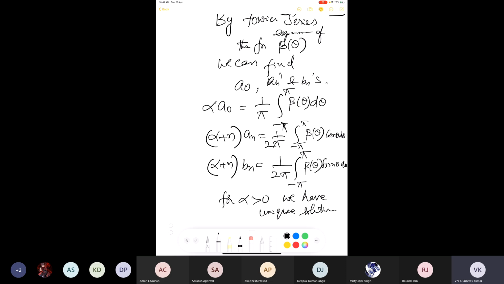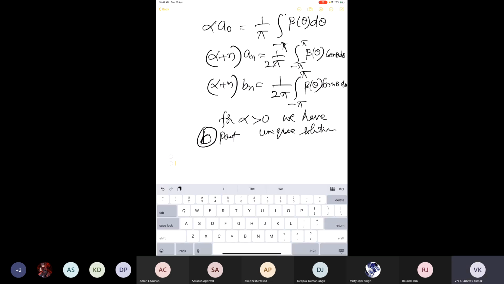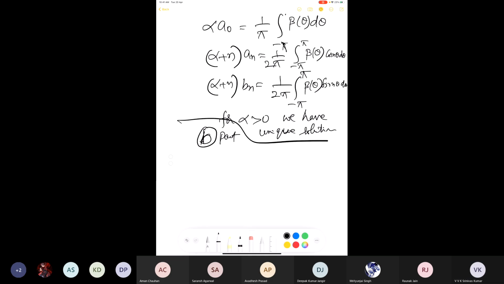But now we are asked to see the case where alpha is negative, alpha is minus 1. That is part B. When alpha is minus 1, del u del r minus u is equal to 0. So this is the problem, and since a and b are arbitrary constants, the uniqueness fails.